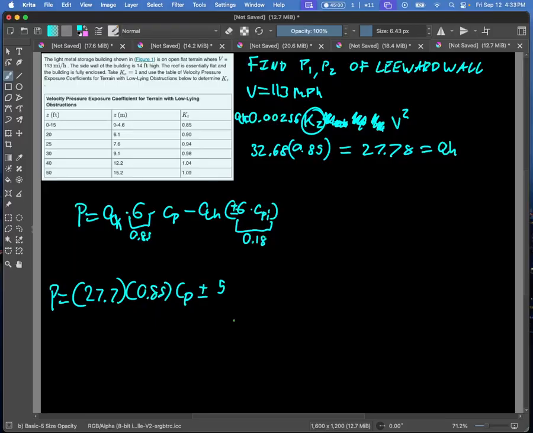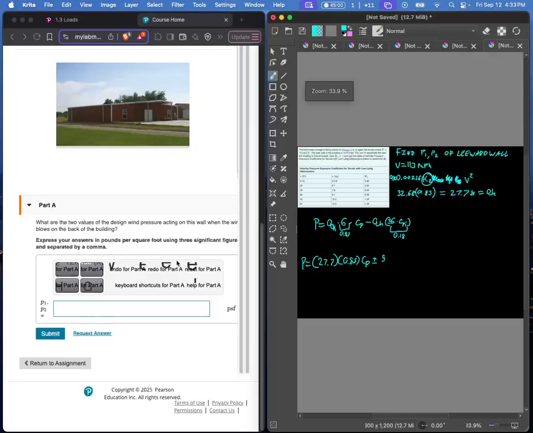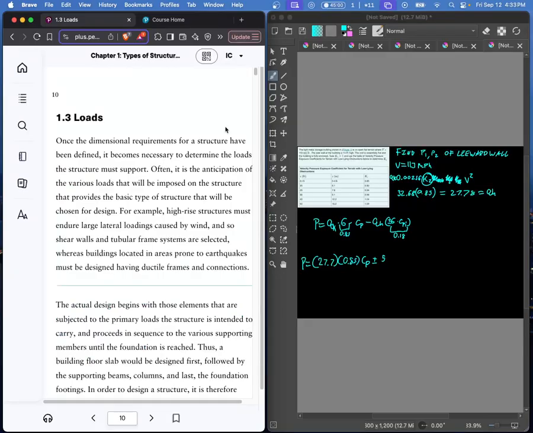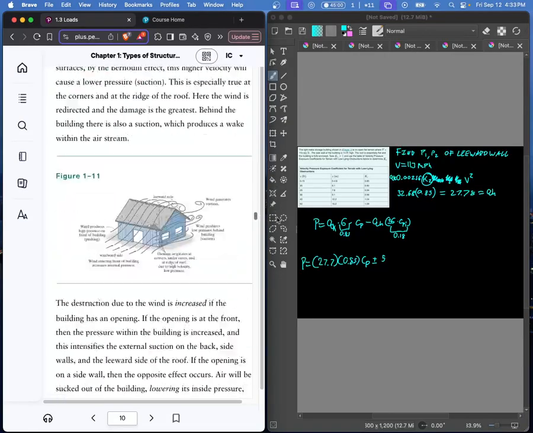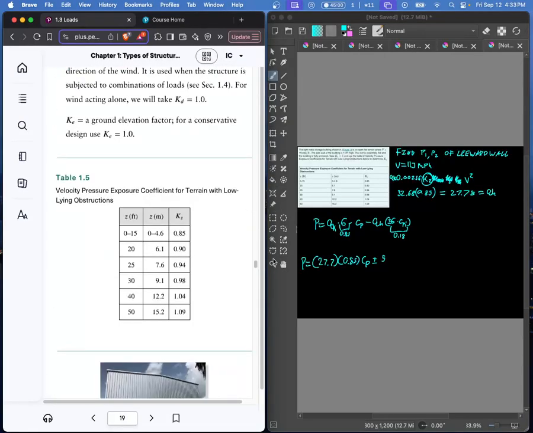So what is going to be our pressure coefficient? Let's look at tables. Doesn't say it here? No. So let's come here to loads, and go down to wind loads.